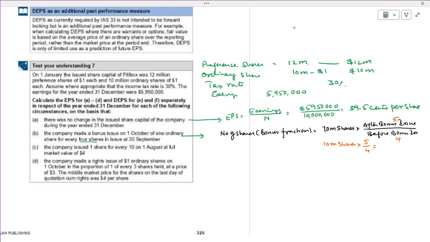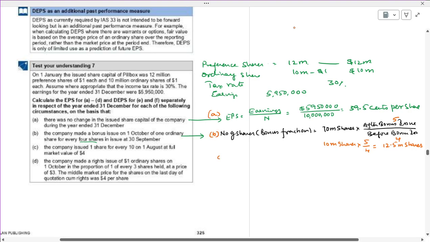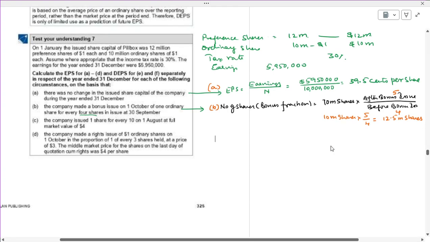12.5 million shares. Check. If you have doubt, put all the values.